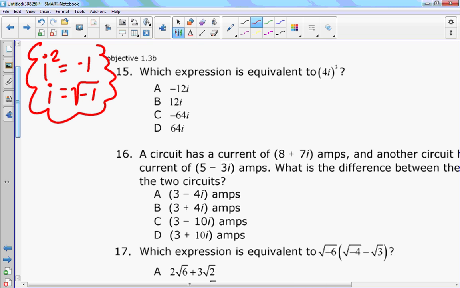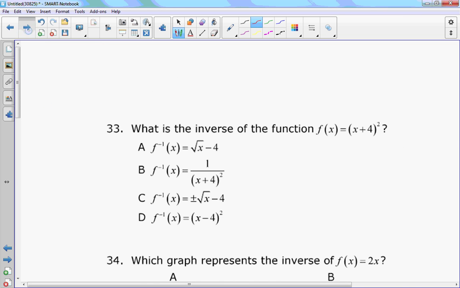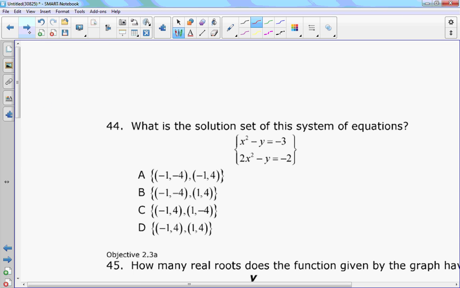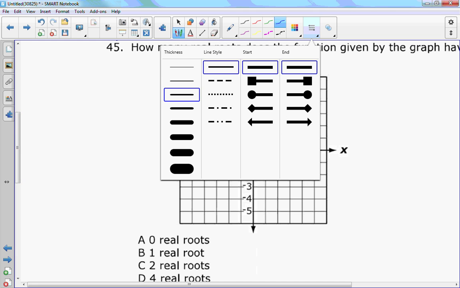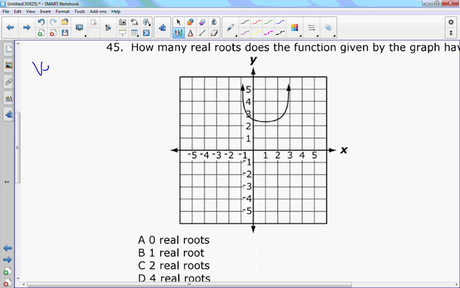And also, for quadratics, number 45, some notes about quadratics. How do you find a vertex or a maximum or minimum point on a graph?